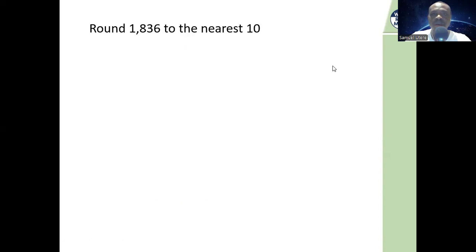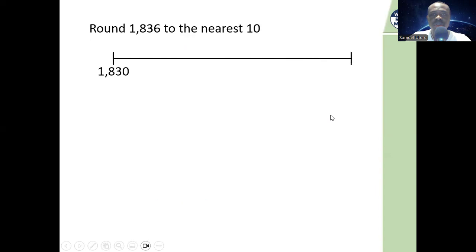All right, what about this one? If we want to round 1836 to the nearest 10, of course, we'll say, well, the number that is less than 1836 to the nearest 10 must be 1830. And the next one, nearest 10 higher than 1836, is 1840.